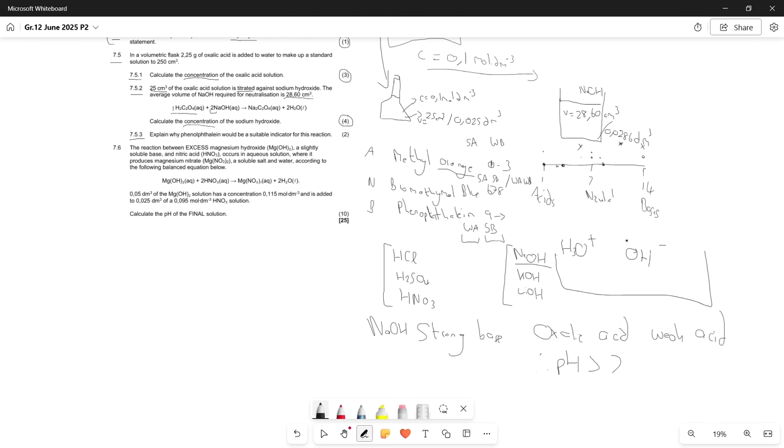Because what happens when these two combine with each other is that the H3O pluses, the little amount that it has for this weak acid, and the OH minuses, the large amount that the base has, combine together to form water. But then at some stage, and we'll use an army analogy just now in the next question, these combine, form water, but then we eventually run out of H3O pluses because there's not enough H3O pluses because it is a weak acid, which means at the end, when we measure our pH, we're left with a lot more OHs, and that gives us a pH that is greater than 7 because we have no more H3O pluses, we only have OH minuses that have not been neutralized to form water again.